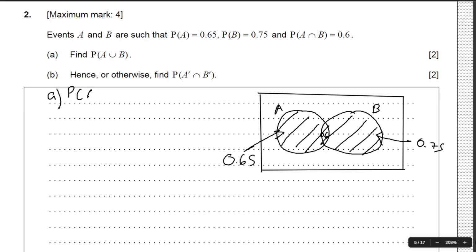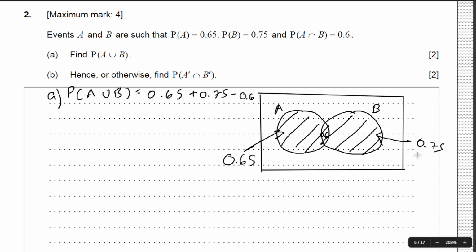So when we are doing the probability of A union B, we need to ensure that we add both 0.65 plus 0.75, but do not forget to minus 0.6, as we already have a 0.6. For example, the 0.6 is already a part of 0.65, but then another 0.6 is added upon through 0.75.